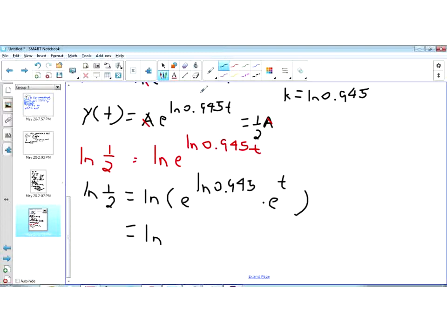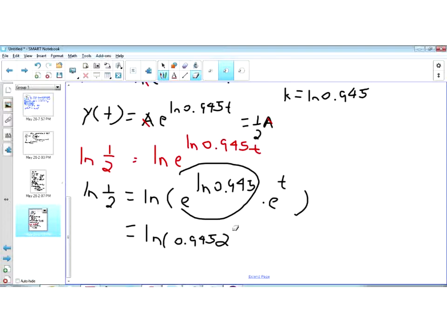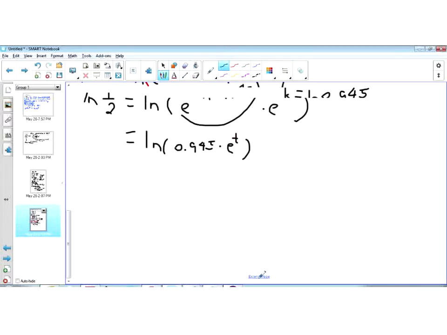These are inverse functions, so this would be the natural log of 0.945 times e to the t. I can never write what I say. Is that right?